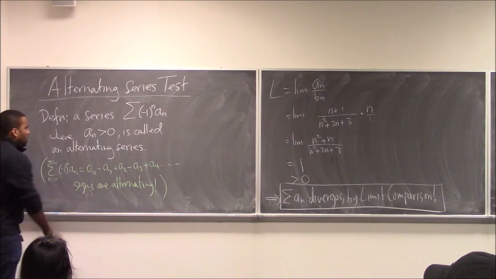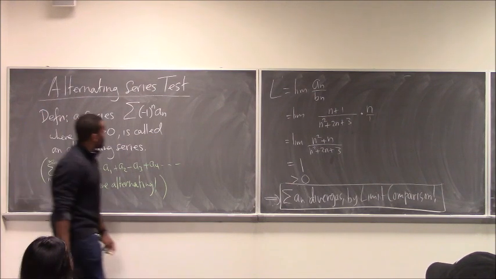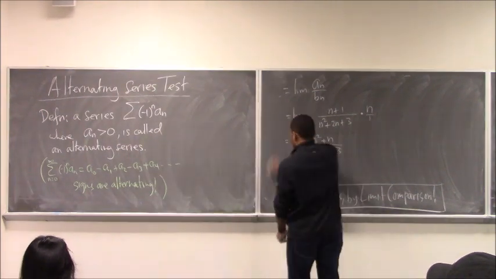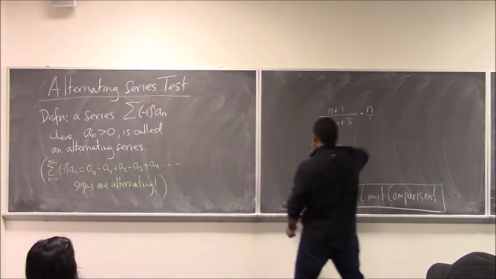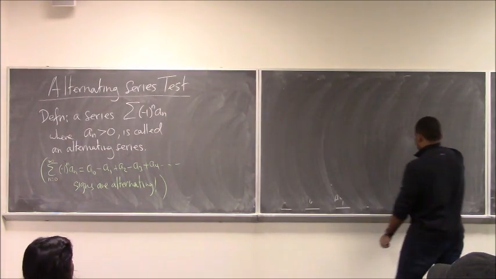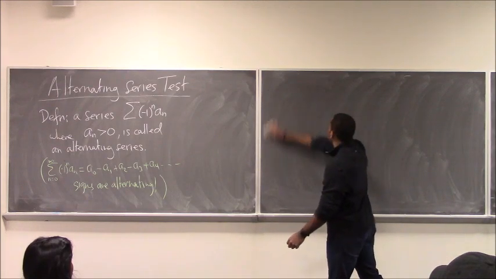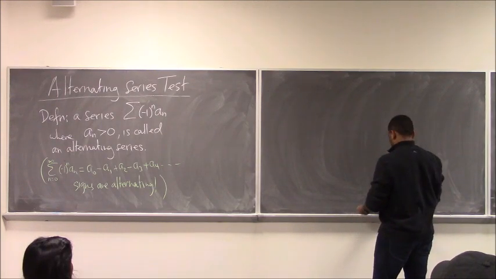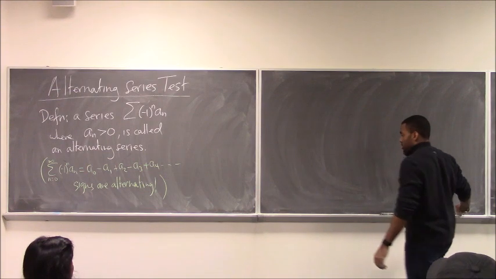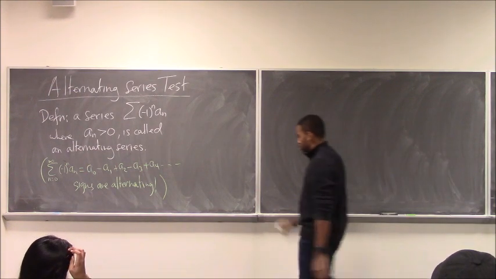This is called an alternating series. And we have a test for alternating series, and it's really nice, because in that case, the limit of the sequence actually tells us a lot of info.